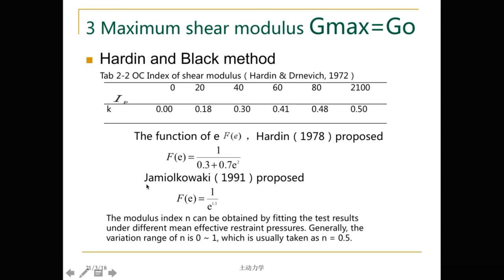And another scientist, Jamiolkowski, also proposed another equation in 1991. F(e) equals 1 over e to the power 1.3. The modulus index n can be obtained by fitting the test results at different mean effective confining pressures. Generally, the range of n is from 0 to 1, and it is usually taken as n equal to 0.5.